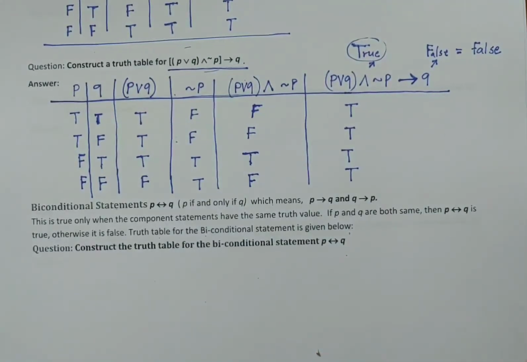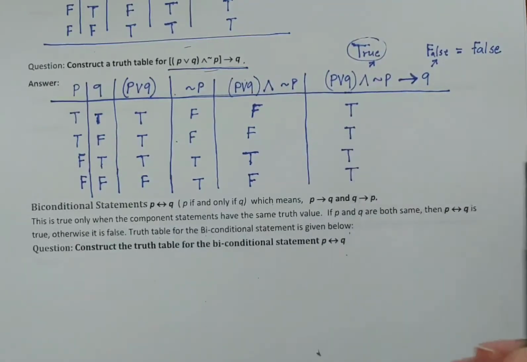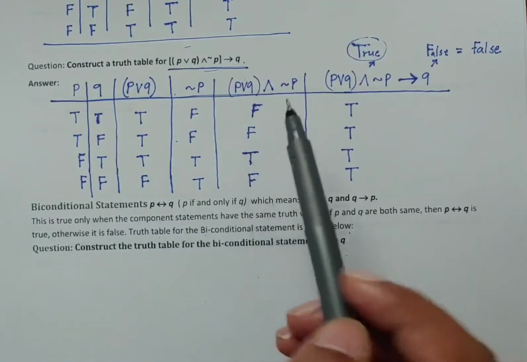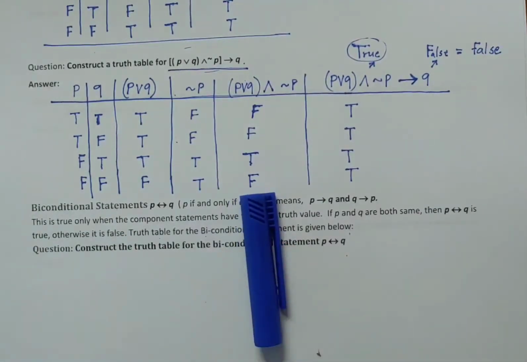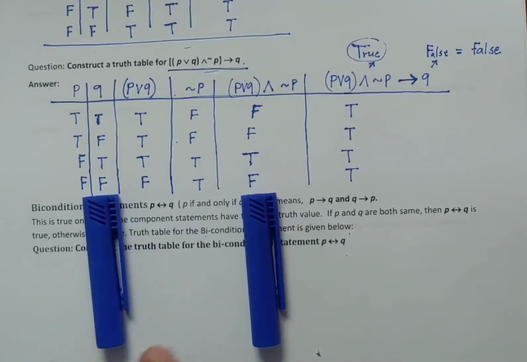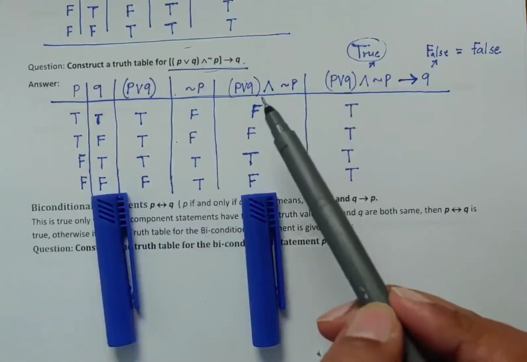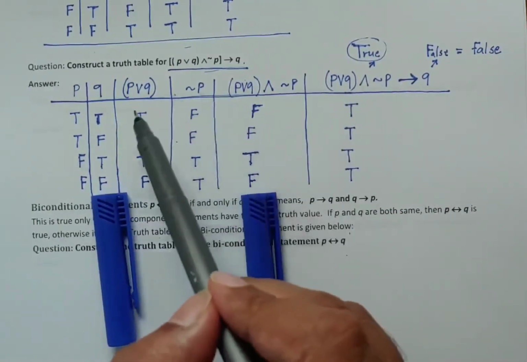So again, what I did here, how I get true, true, true, true, is I look at this column first, and then I look at this column, Q. So this column is this implies this.